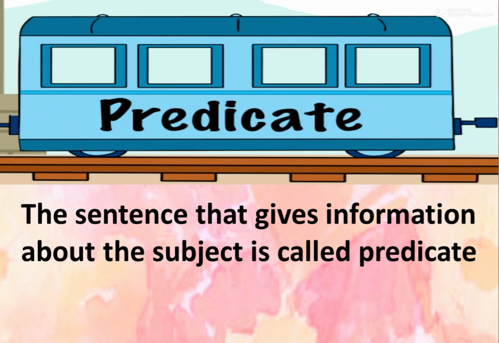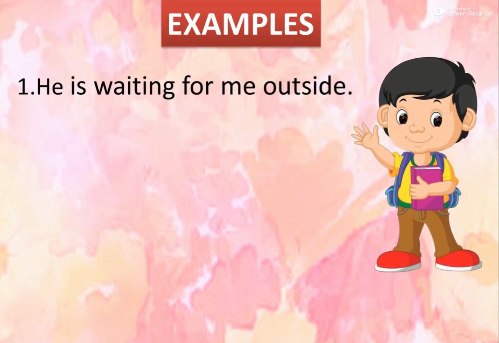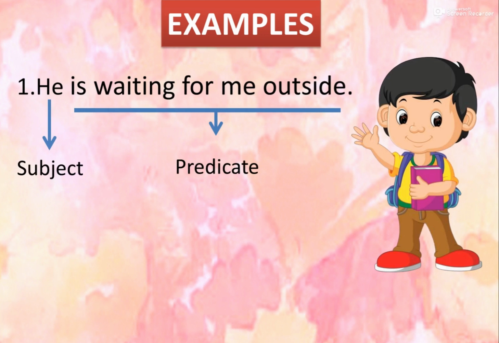Now let's see a few examples. "He is waiting for me outside." In this sentence, about whom are we talking? We are talking about this boy, isn't it? That is he. So here he is the subject, while "is waiting for me outside" is the predicate, as it is telling us about the subject.